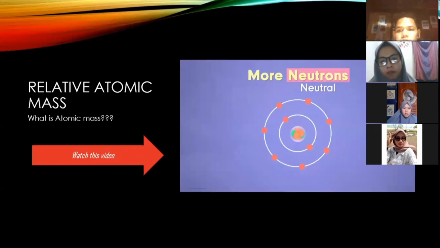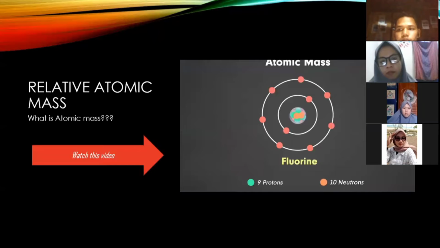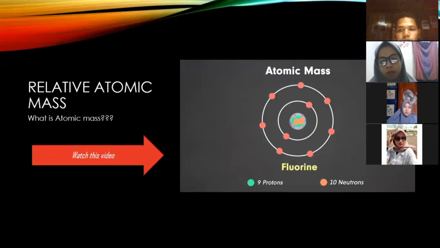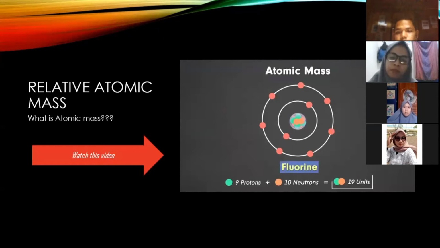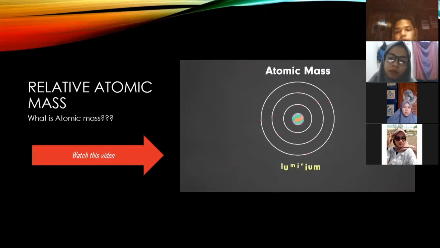So coming back to the atomic mass of fluorine, we have 9 protons and 10 neutrons. That means the total would give us 19. So can we say that the atomic mass of fluorine is 19 units? That's right. Just like fluorine, even aluminium has an extra neutron compared to the number of protons.